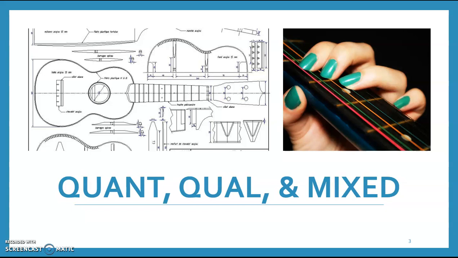The first picture here shows the specs of a violin, basically how long it is, its depth, the measure of its bridge. Quantitative research focuses on empirical facts and measurable reality. It's basically a positivist view. And so something looking like the specifications is more of that quantitative approach.